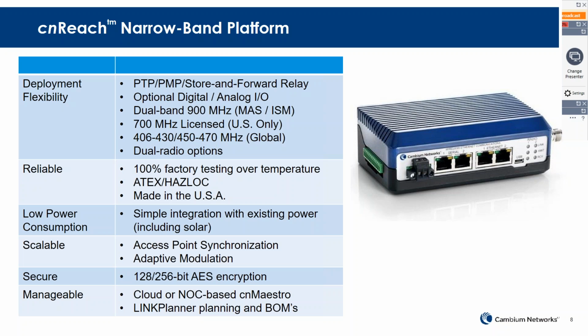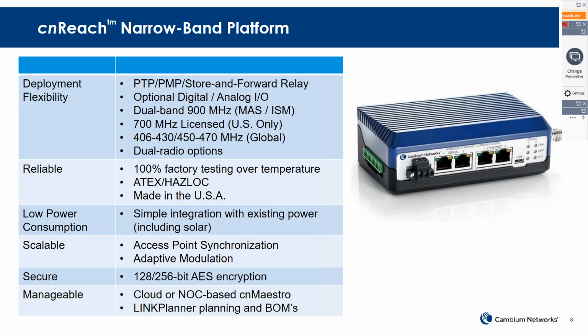So overall, for the cnReach platform, we have multiple different models. These different models will support different frequency bands. There will be a 900 megahertz radio that supports licensed and unlicensed, and we have a 700 megahertz licensed radio.